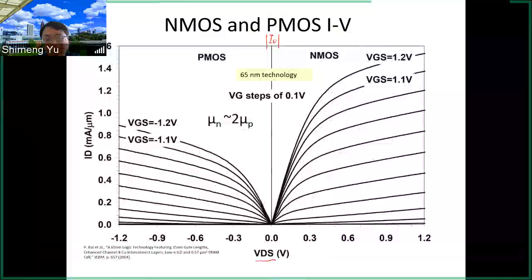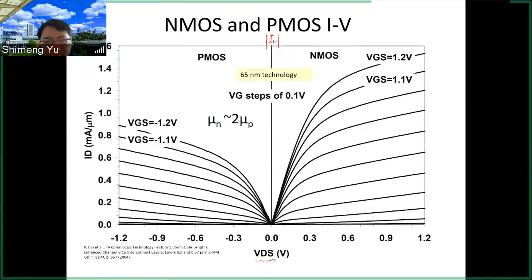So for the NMOS, VDS will be positive. And to the right hand side, this side you have seen before. This is ID versus VDS, the output characteristics of the NMOS. And here we have a few curves corresponding to different VGS.